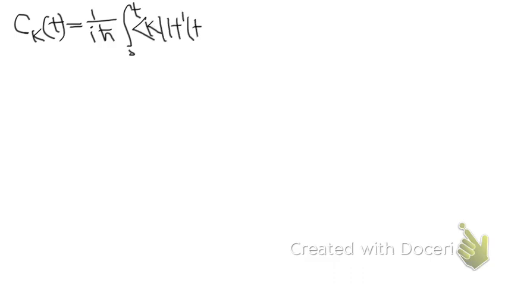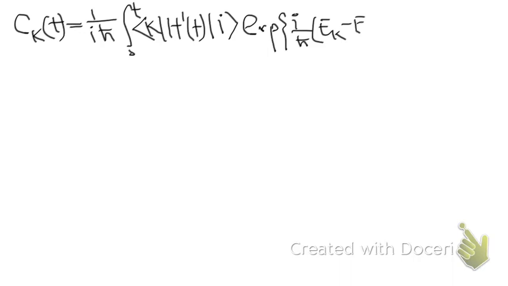So let's rewrite it. ck of t is equal to 1 over i h bar times the integral from 0 to t of k, the matrix element of my perturbed time dependent Hamiltonian, I, exponential of i over h bar (Ek minus Ei) t prime dt prime.